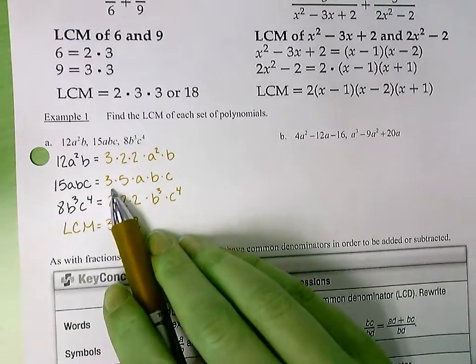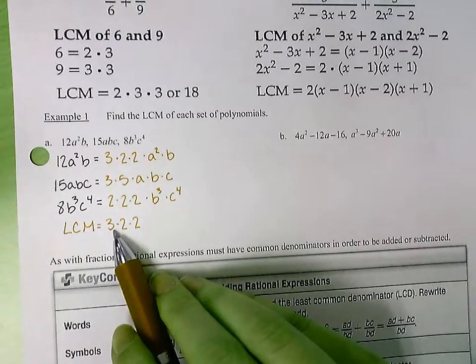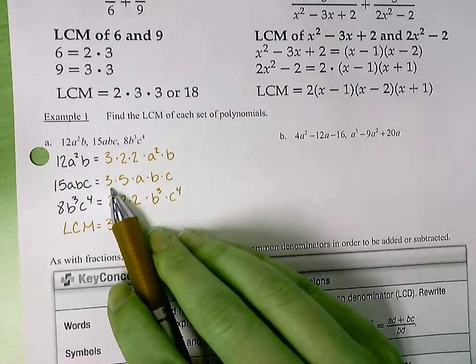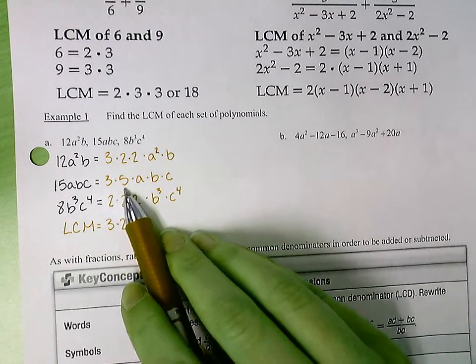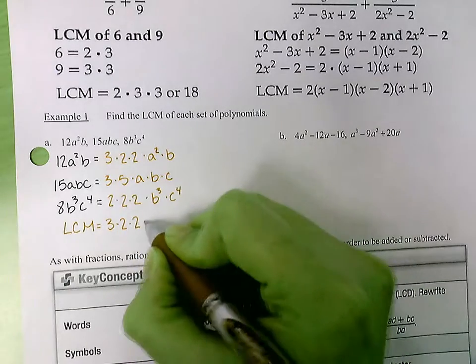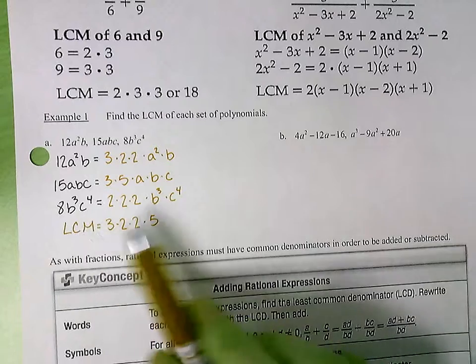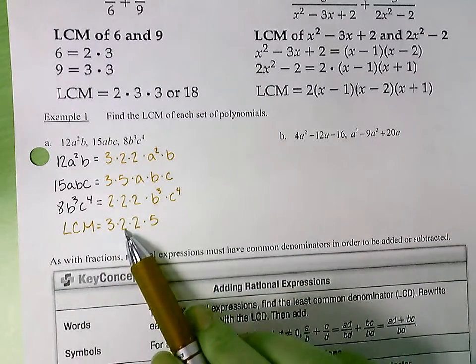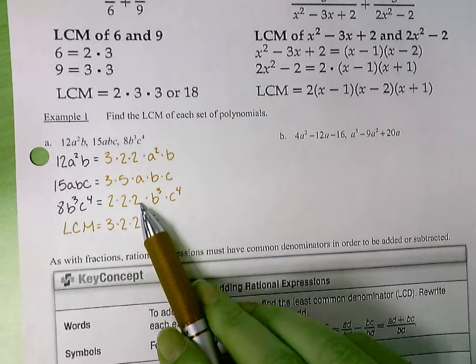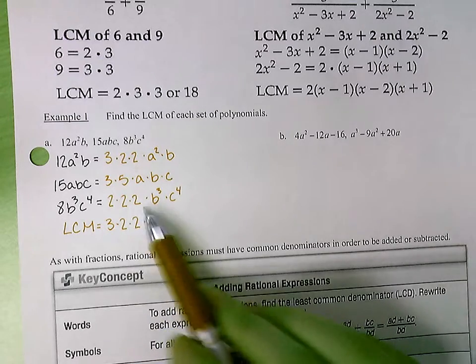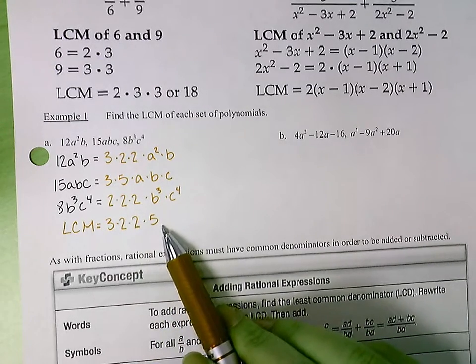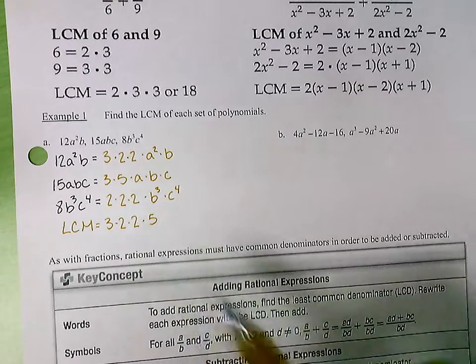Moving down to that next one, I already wrote down a 3, so I don't have to write down a 3. But I don't have a 5 written down here, so I need to include a 5. And then moving down to 8, I have a 2, I have a 2, but I don't have a third 2, so I need to include a third 2 here.